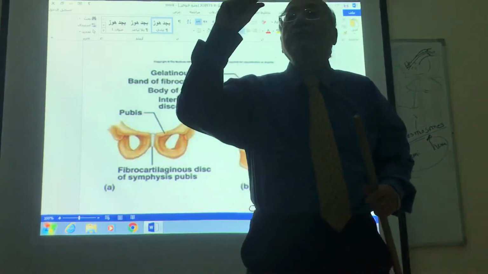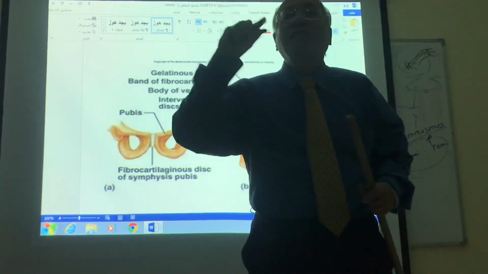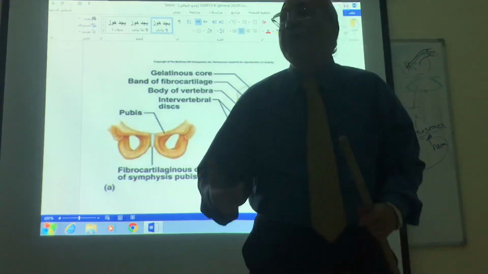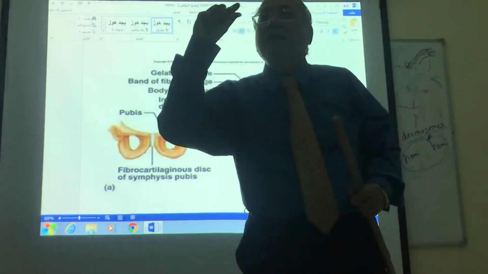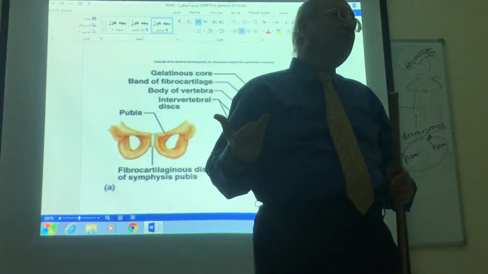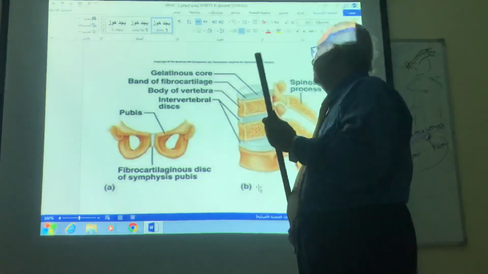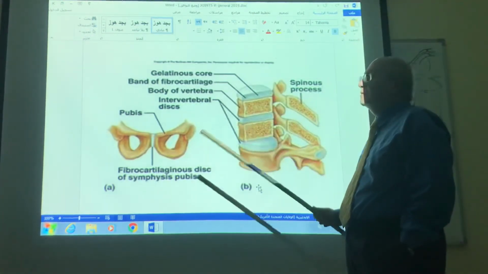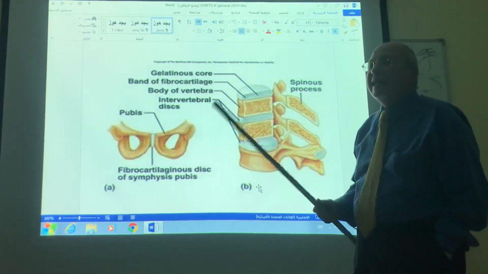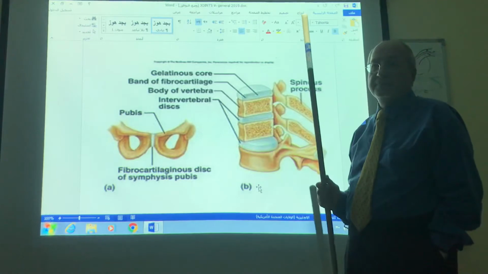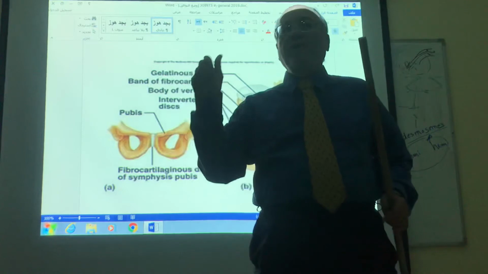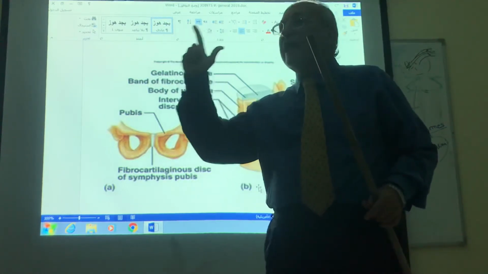The summation of movement of the 5 intervertebral discs in the lumbar region will give the movement in the lumbar region. It is true that each movement is small, but the total gives good movement for the vertebral column. This is the second type of cartilaginous joint, which is called the secondary cartilaginous joint. Therefore, there is a fibrous joint and there is a cartilaginous joint.